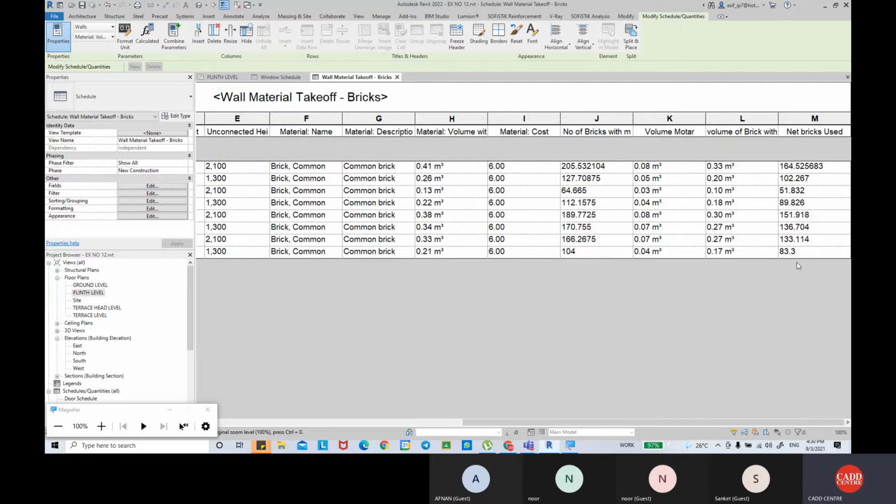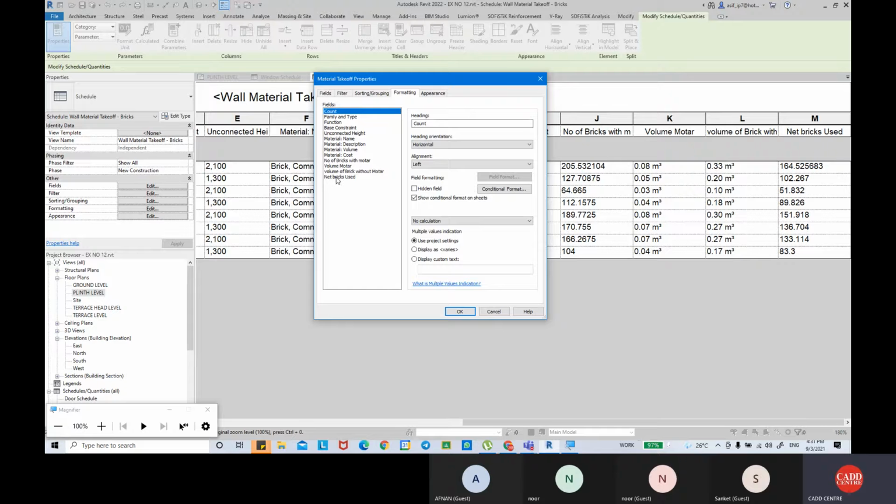Okay. Now we want the total number of bricks. We are not getting the total of net bricks. We are not getting the total of the number of bricks with MOTAR also. So we want the total of everything. So we'll come to the format editing. You can select the cells that you want total. So net brick का भी total चाहिए था, and number of brick with MOTAR का भी total चाहिए था.